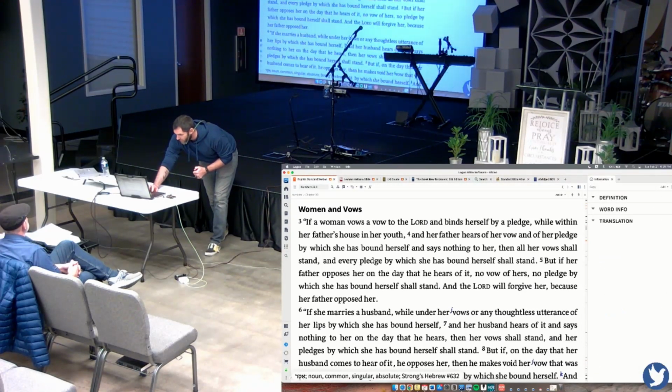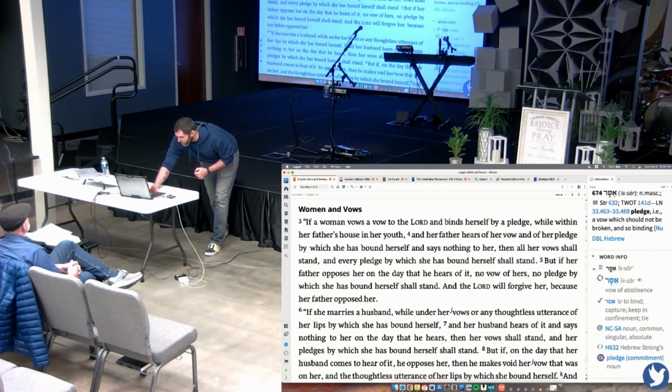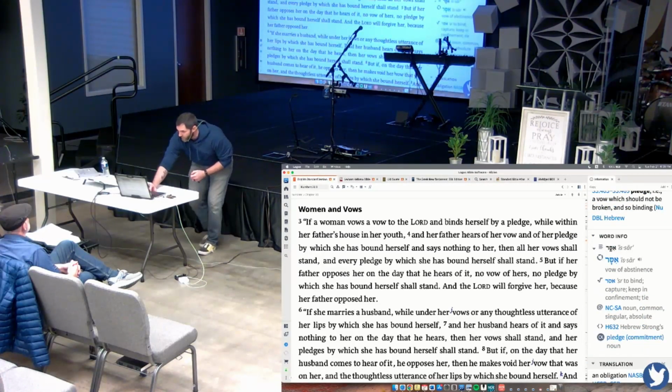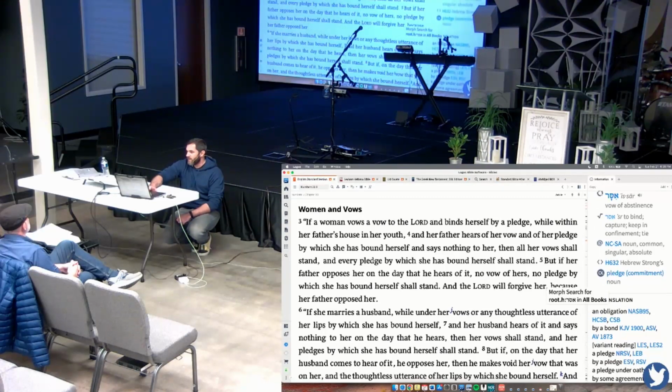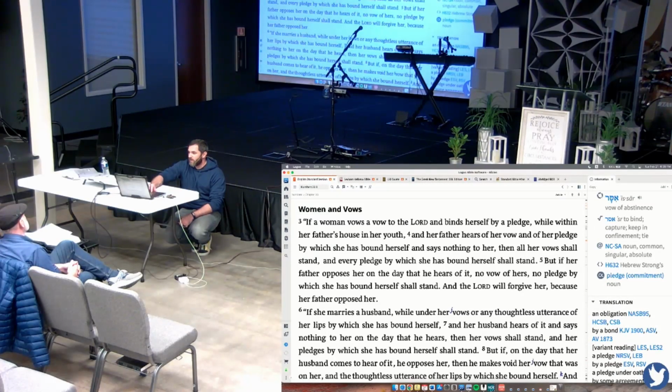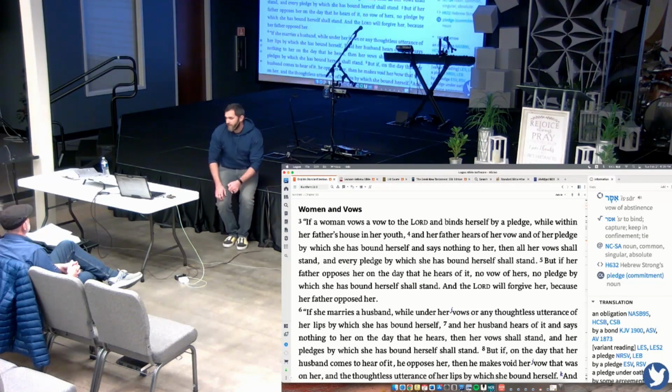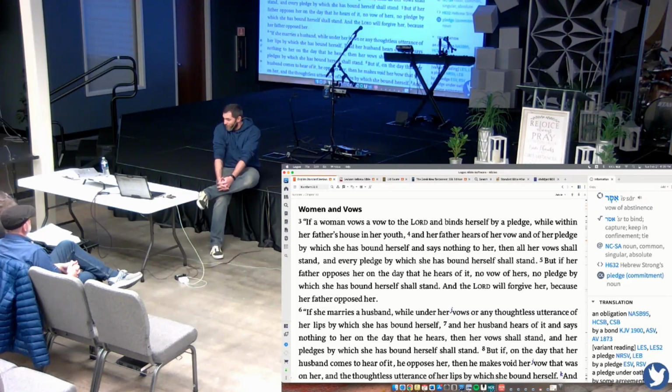If I go over here to the word pledge, it's the Hebrew word Isar. And if you look over here on the right side of the screen at the top, it says a vow of abstinence. So if a woman binds herself by a pledge and wants to take essentially a vow of abstinence, it's been lost in translation, but that's what the Hebrew word means, and she's in her father's house in her youth, what might her father do?